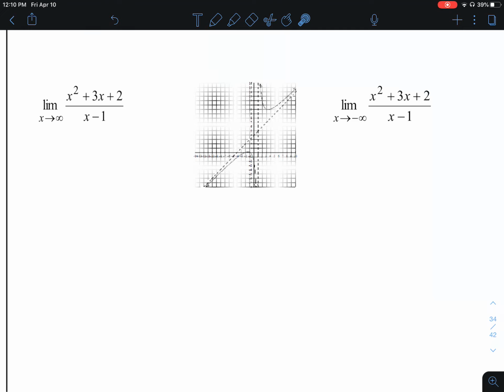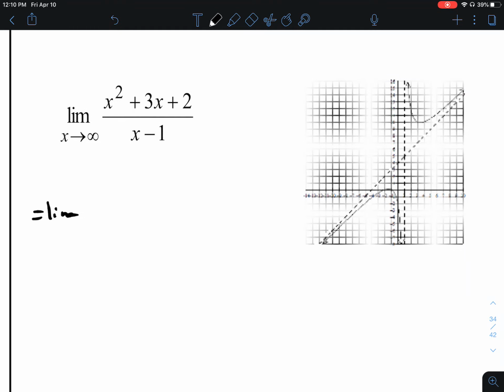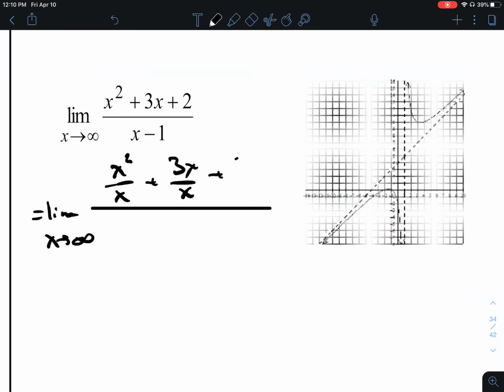This next one, in this case, we would divide every term in the top and bottom by x. I'll show all the work for this going to infinity, and then we'll skip a little bit of work when we go to negative infinity. So we're going to divide x squared by x, 3x by x, and 2 by x.